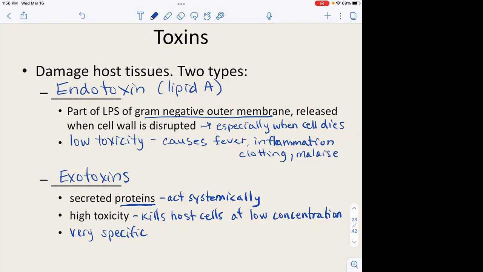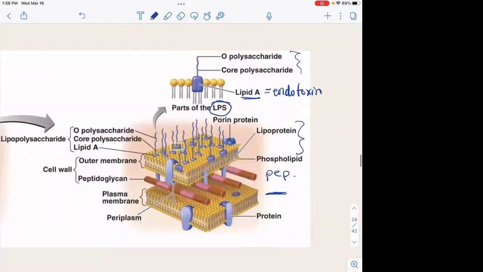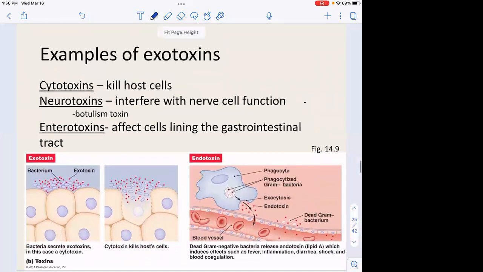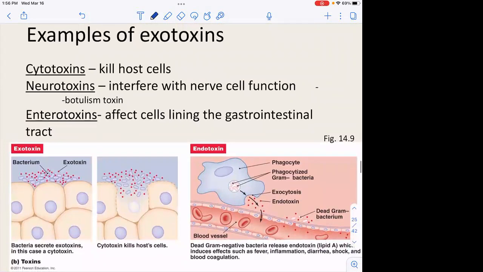All right, so some examples of exotoxins. Sometimes we talk about exotoxins in a kind of non-specific way. For example, a cytotoxin would just be a toxin that kills host cells. There are neurotoxins, toxins that target nerve cell function.